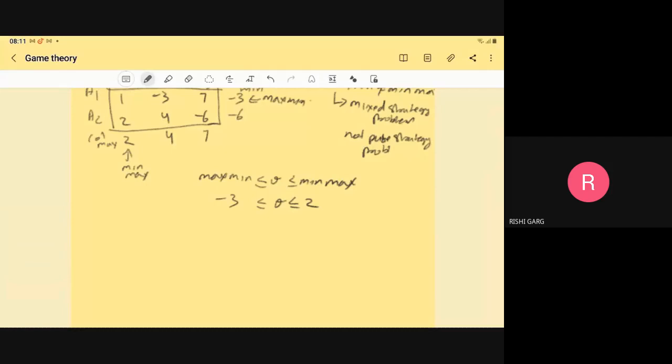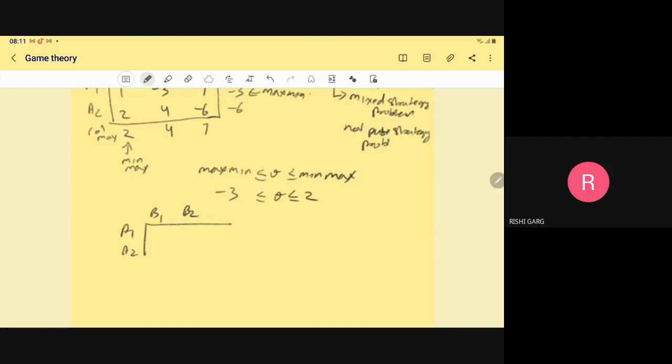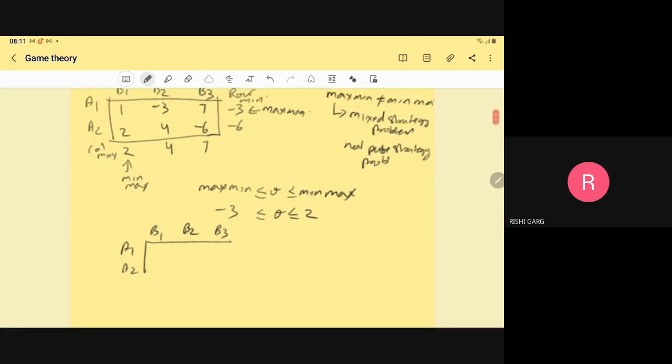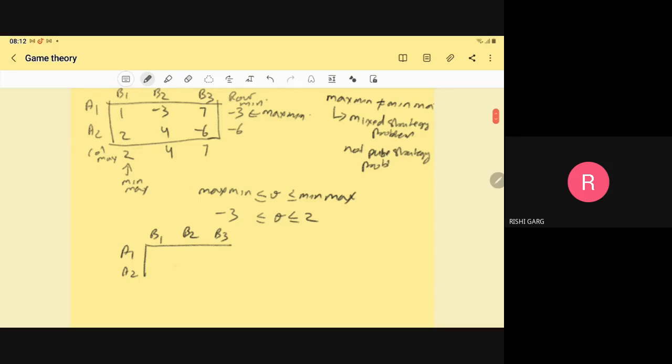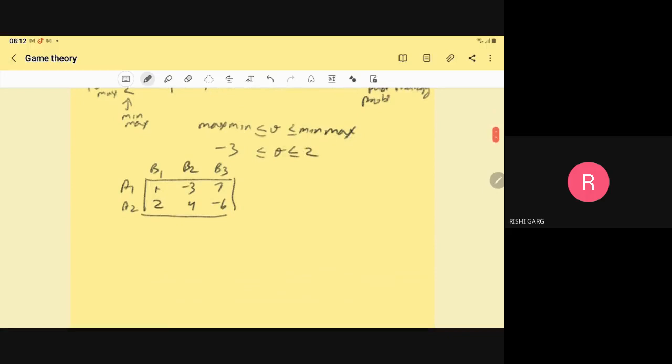Here we have the game with player B's alternatives b1, b2, b3 and payoffs 1, 2, minus 3, 4, 7, minus 6.